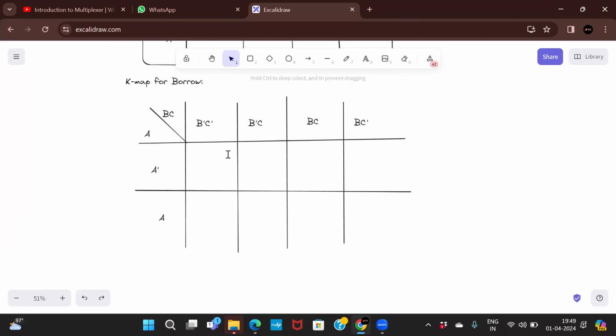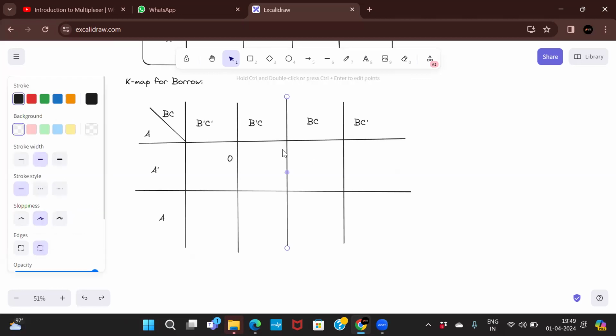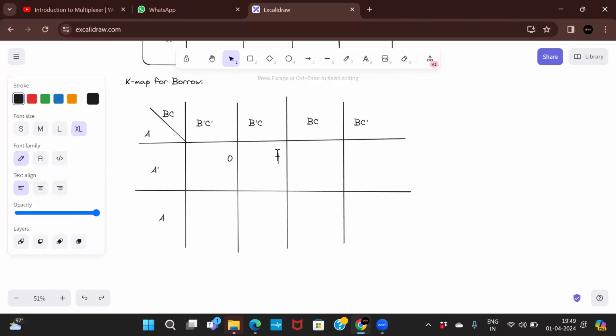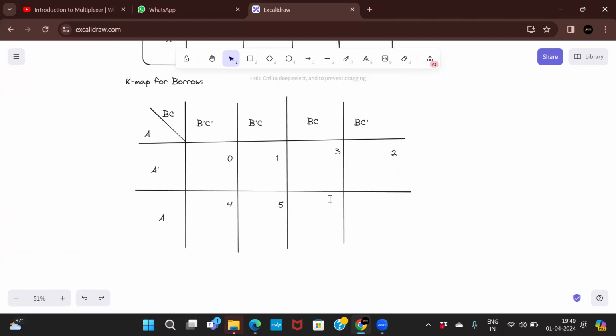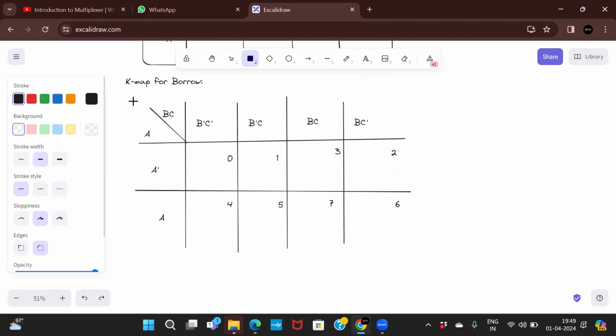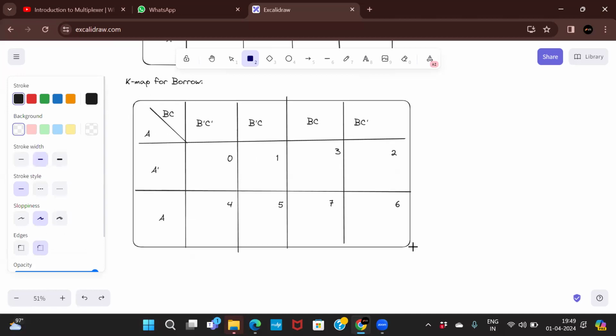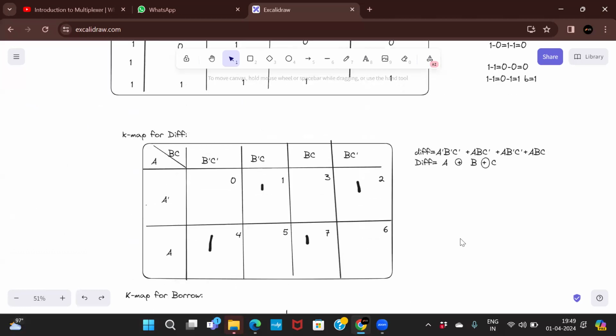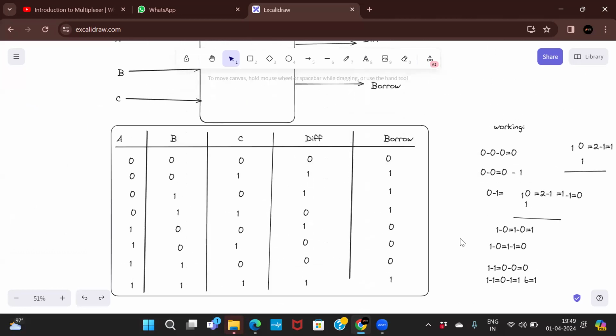And we know the values 0, 1, 3, 2, and 4, 5, 7, 6. So this is the K map for the borrow. So where there is a 1, we need to keep 1, right? So come to borrow.